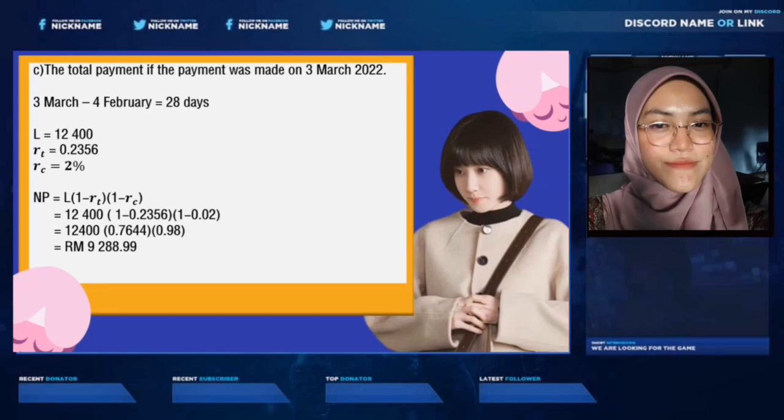The formula for this question is NP equal to L times bracket 1 minus RT times bracket 1 minus RC, where L equals RM12,400, RT equals 0.2356 and RC equals 0.02. The final answer is RM9,288.98.